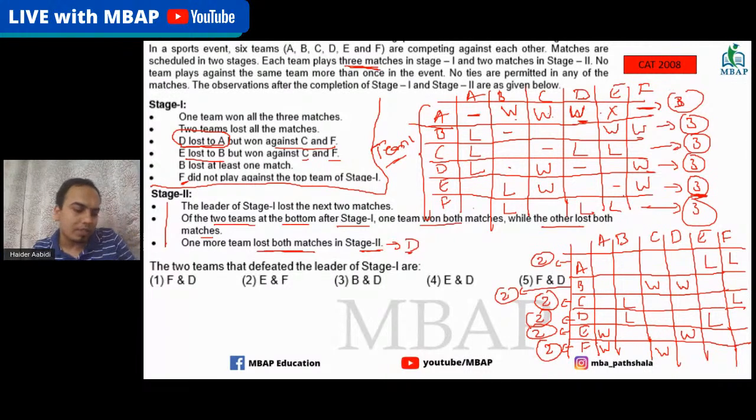So I think Sarat and Akash, you didn't get the answer. Now you get to see: the answer is E and F. Sarat and Akash, I hope it's clear to you. So the two teams that defeated the leader of stage 1 are E and F.